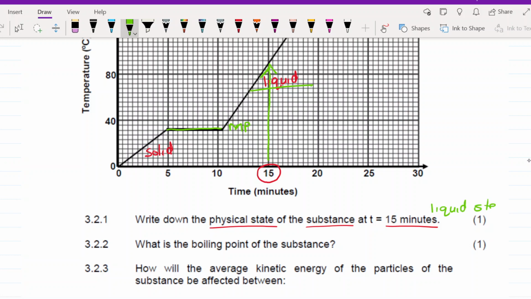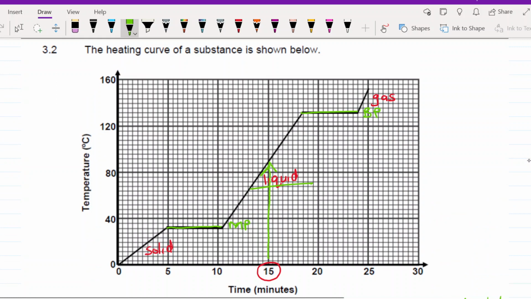That's a liquid state. What is the boiling point of the substance? Now, here is the boiling point. We need now to see what is the value on the y-axis. So we need to check this value. What is the difference in this graph? 0 to 40.